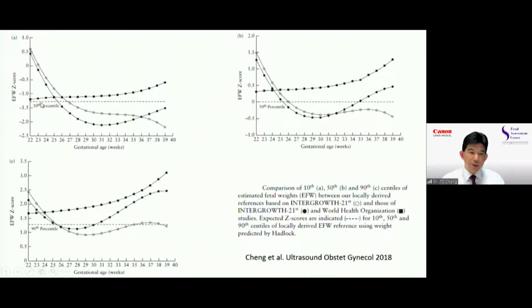And they've shown here a very nice set of 3 graphs looking at the 10th centile from their estimated fetal weight derived from the local population, and that's represented here by that straight dotted line. And you compare that with the 10th centile derived by intergrowth charts and also by the WHO charts. These are the ones by WHO. These two are from the intergrowth charts. And you can see that there's quite a wide variation in the 10th centiles.